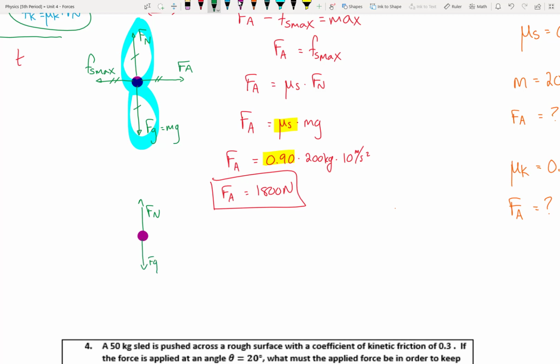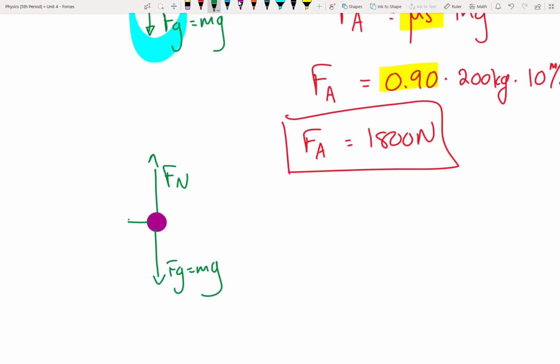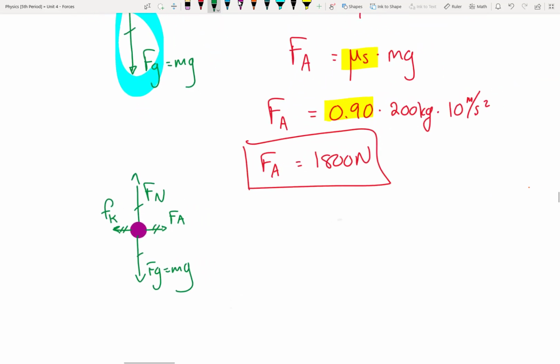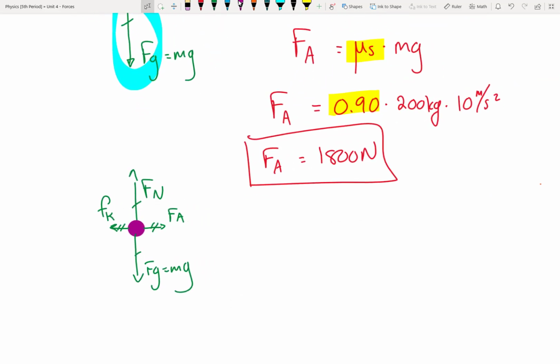Those are still balancing out. But now, because it's in motion, my kinetic friction is going to be smaller, because kinetic friction is a smaller frictional force than static friction. And so my applied force is still going to balance with Fk, because I want to keep it moving at constant speed. But that applied force is just going to be a smaller amount compared to 1,800.